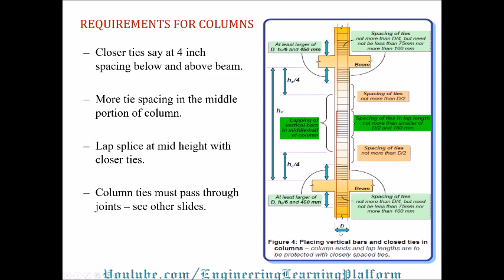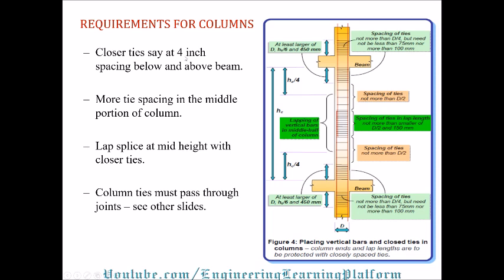D is the depth of the column, Hc is the height of the column, and 450 millimeters is the minimum distance. So this distance should be the larger of these three, and in this distance we have to provide a spacing of ties not more than D/4.